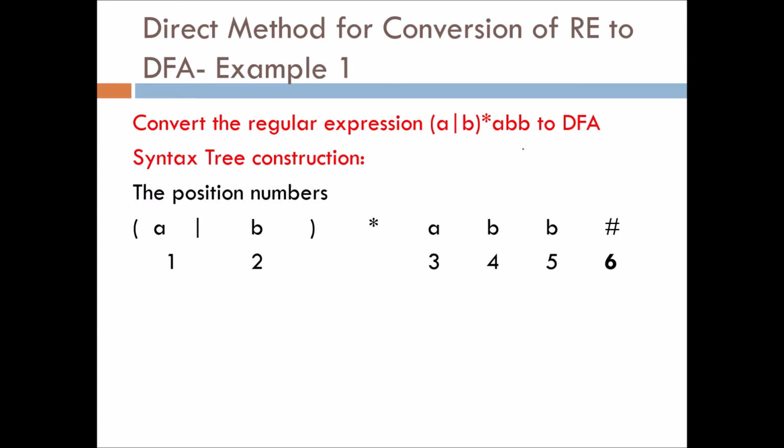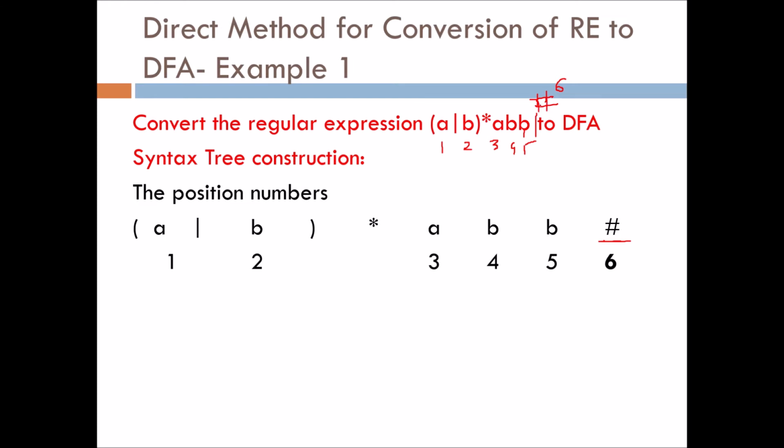As we have discussed, the first step is to construct the tree, for which we will write an augmented regular expression. So to the end of this regular expression, we append a hash. The hash is appended at the end, and we allot position numbers: 1, 2, 3, 4, 5, and this hash represents the end of the regular expression.